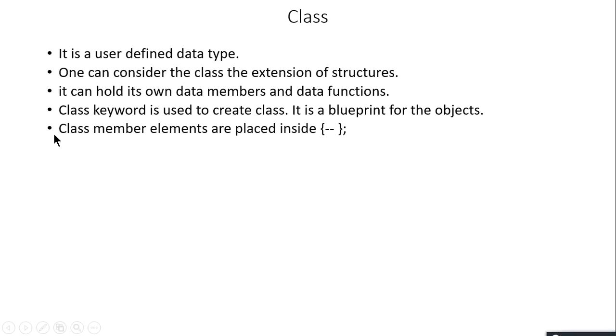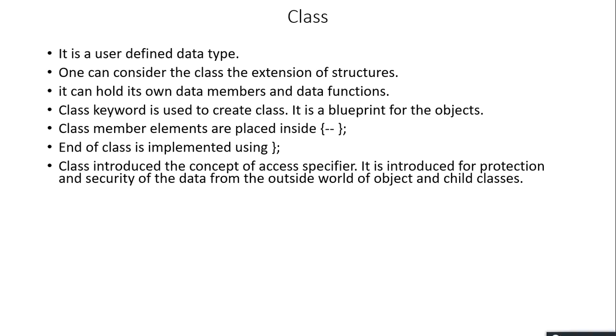To create a class, you have to use the class keyword that was introduced in C++ and was not available in C language. You can consider class as a blueprint based on which the objects in the real world can be created. Similar to structures, class members can be placed inside these curly braces. Okay, so the end of class is marked using the closing curly brace and semicolon.